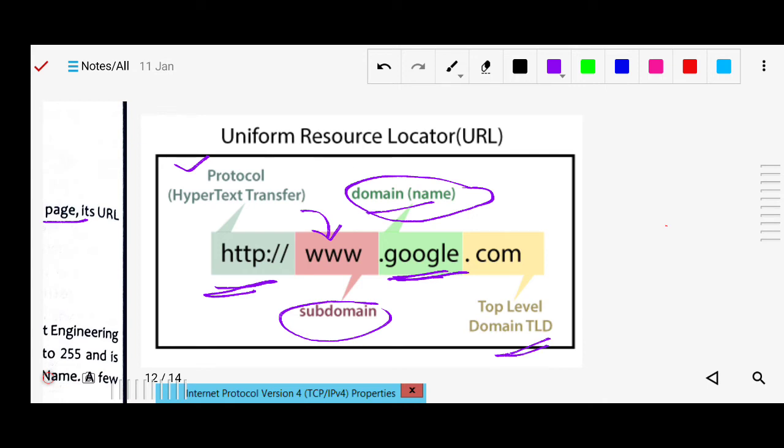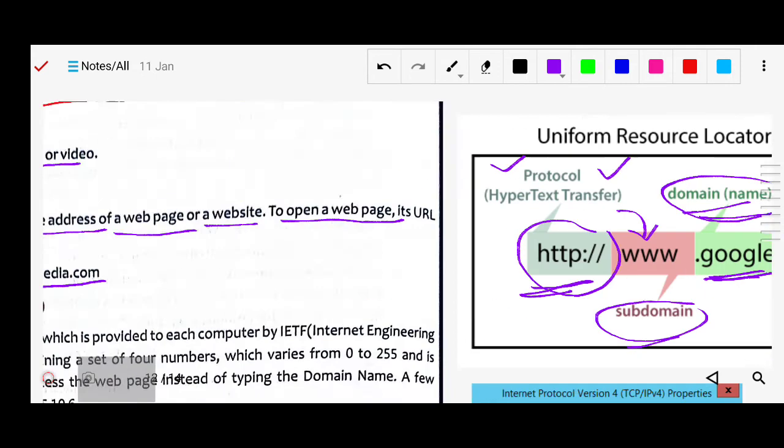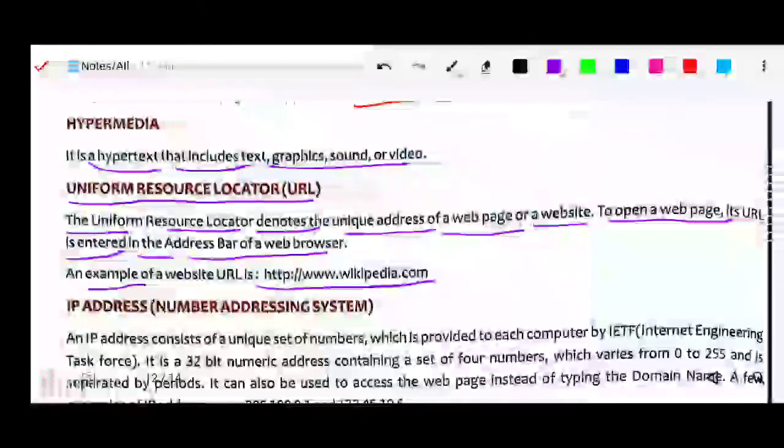This is the format in which a URL is written. Understood? So this is all about URL.